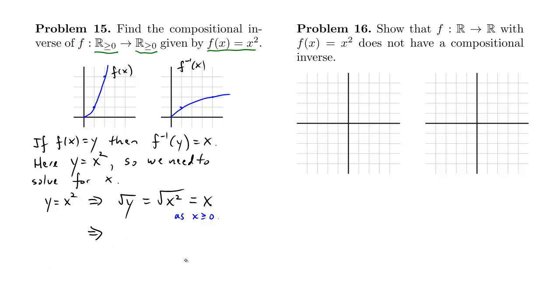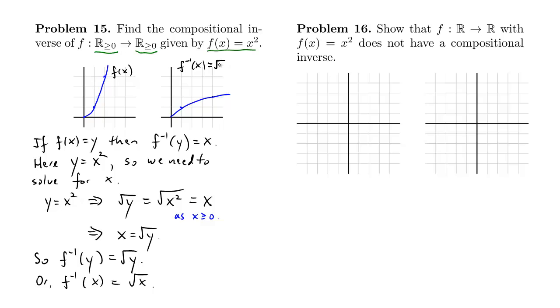If we rearrange this, we see that x equals the square root of y. So our formula for f inverse of y is the square root of y. If you want to rewrite this with input x, you can. So f inverse of x is the square root of x.